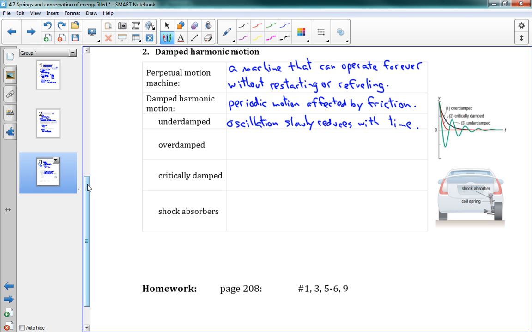Okay, and overdamped is where the mass slowly returns to zero, or slowly returns to equilibrium, I'll say. Equilibrium being this 0 point, without passing through zero.